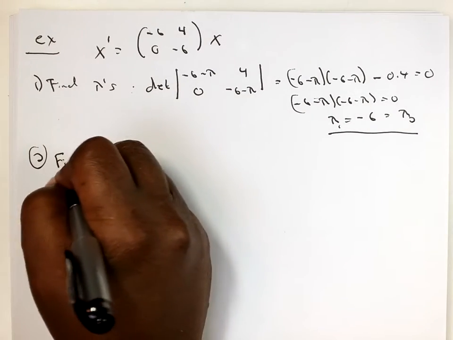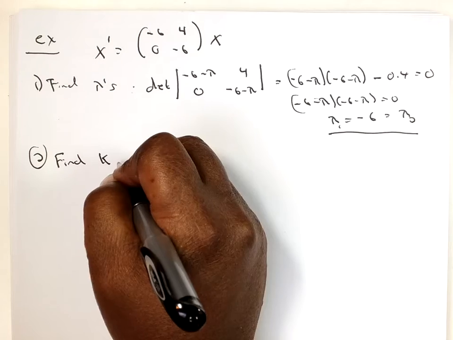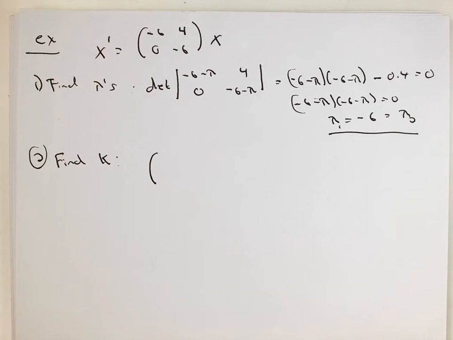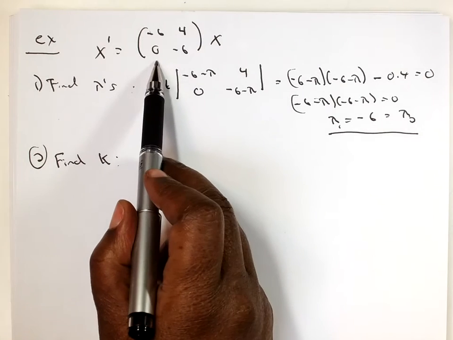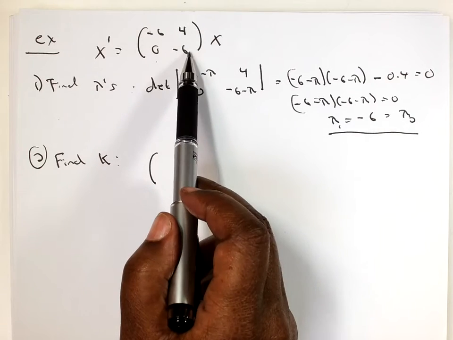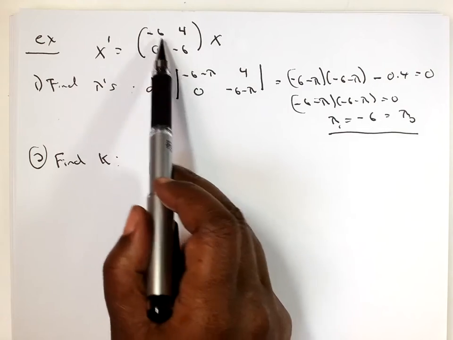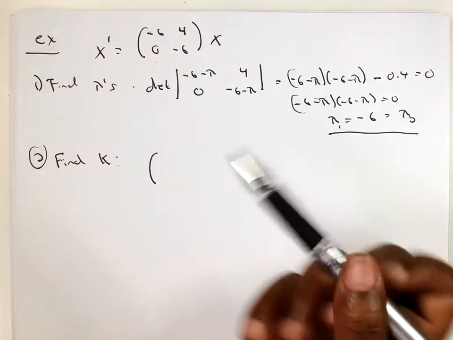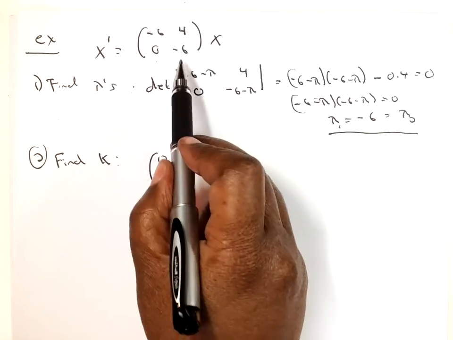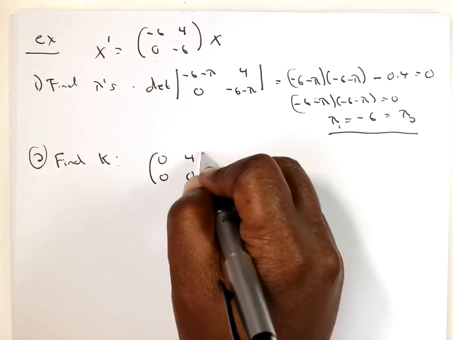Next, I need to find K. So when I go to find K, I have my A minus lambda I. So here's A. I'm going to take the entries and subtract lambda, which was negative 6. So negative 6 minus a negative 6, I get 0, 4, 0, and then again here, I get a 0.